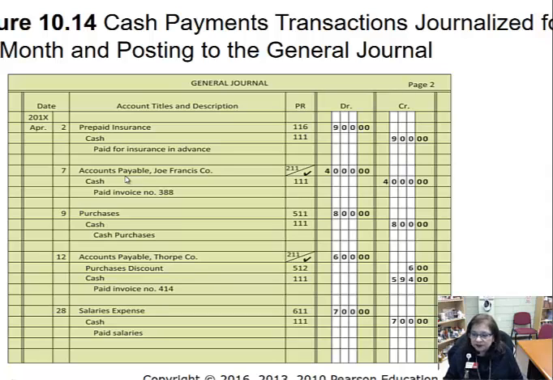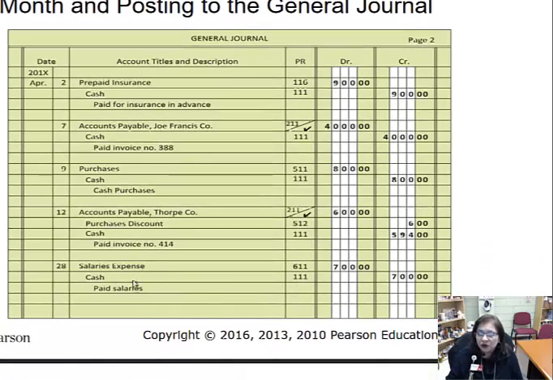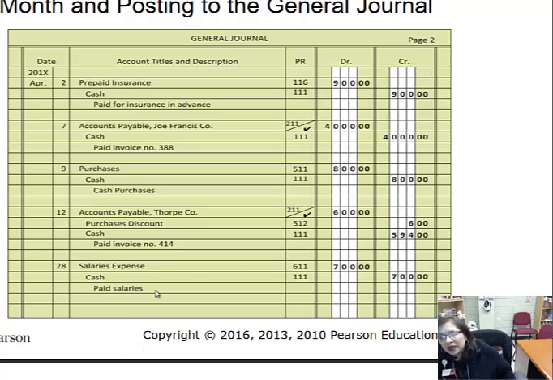Here we're showing where we're paying out the entire $4,000, no discount whatsoever. We're showing that we purchased some stuff, so we're showing a cash purchase. We're also showing again where we're paying out the invoice for the Thorpe Company. And now here we're also showing a salary expense, that we paid salaries.